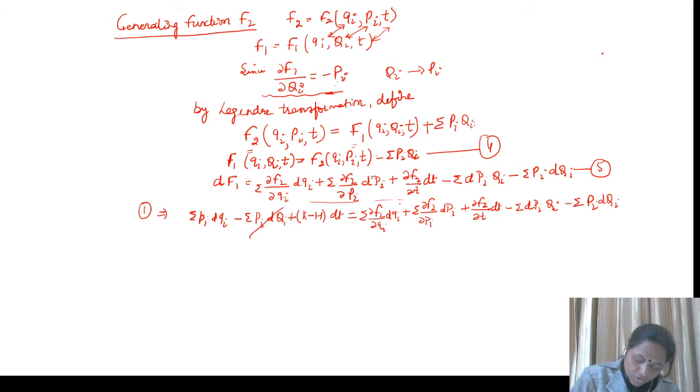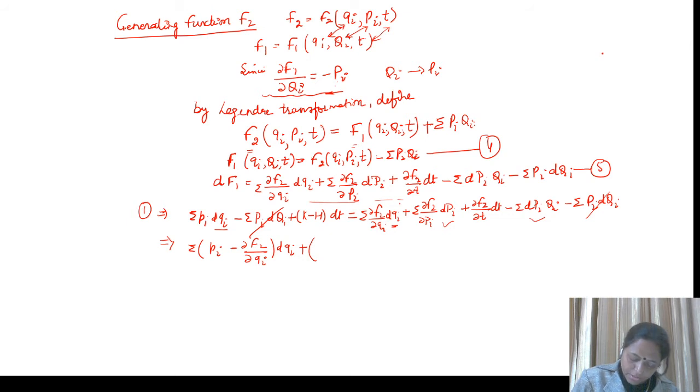Now see that these two are cancelled, and then make certain combinations. Sigma of pi dqi, this is also dqi, so minus delta f2 by delta qi dqi, then take the combination of this one and this one.